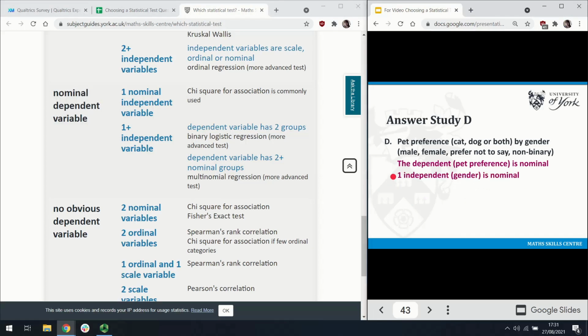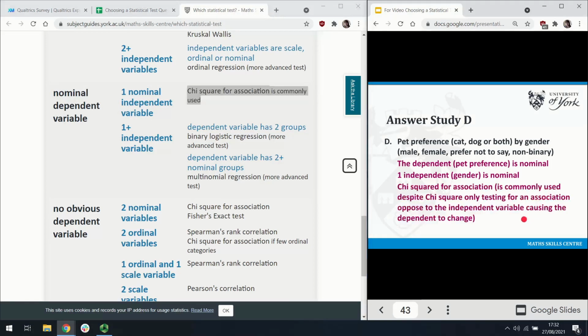We have one independent variable, which is gender, and that independent variable is also nominal. So here we've got an option of either having one nominal independent variable, like we've got, or more than one independent variable. So here we don't have to go much further. That's the suggested test that we use.